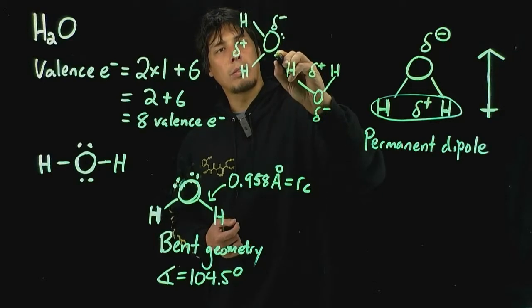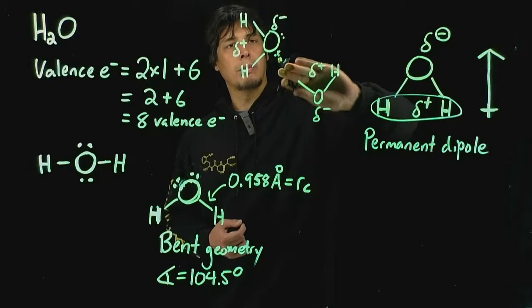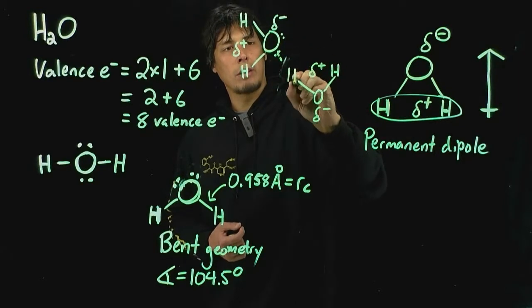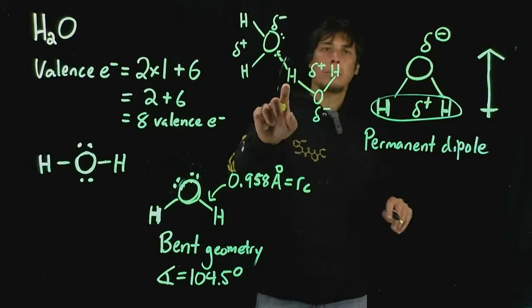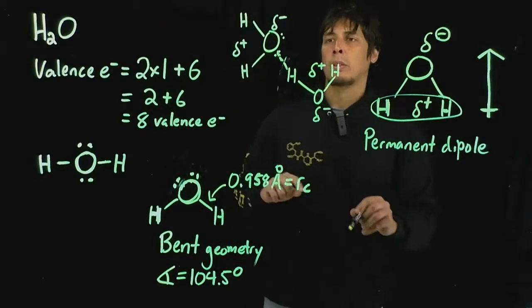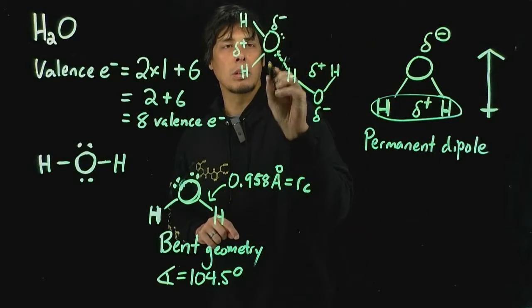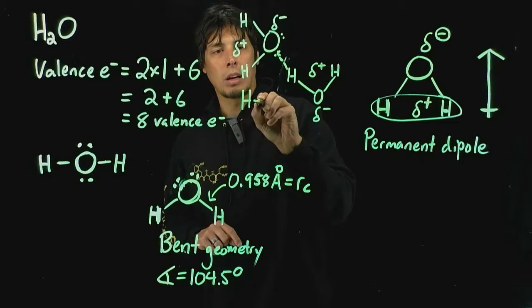But we also have, in this special case of hydrogen, what can be thought of as a sharing of this hydrogen atom between these two water molecules. And so in addition to the dipolar interaction, we also have a hydrogen bond.